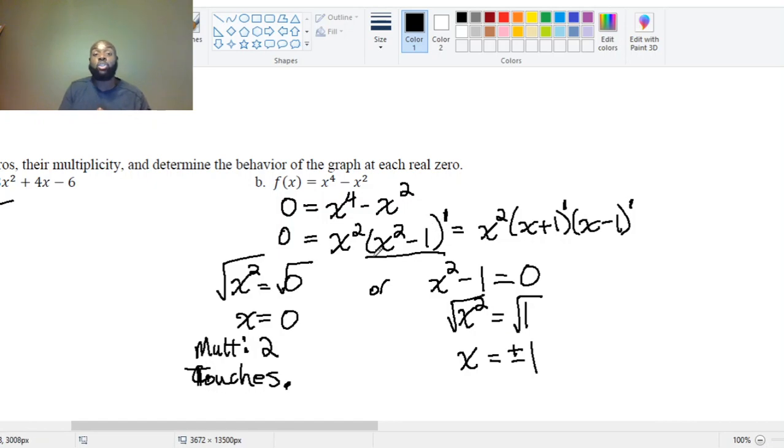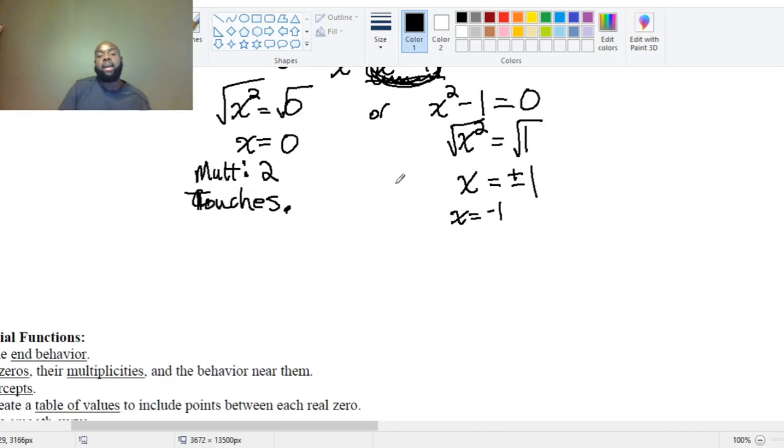But since I got 2 numbers out of this squared polynomial here, the multiplicity of each of those is separate, and they're both 1, right? So I get x equals negative 1. It has a multiplicity of 1, so my graph crosses. And then x equals positive 1 has a multiplicity of 1, and my graph crosses.